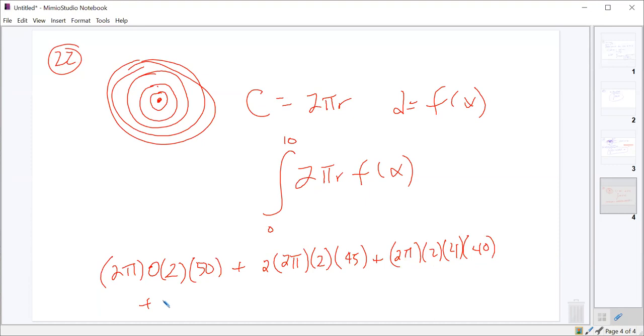And then the next one should be 2 pi times that same 2 again, times 6, which is our r value, times 30. And the next one should be that same 2 pi times our 2, times our 8 this time, times our 15.